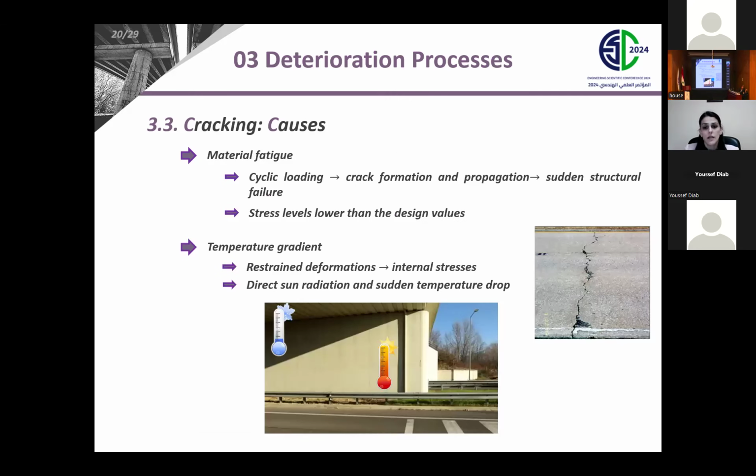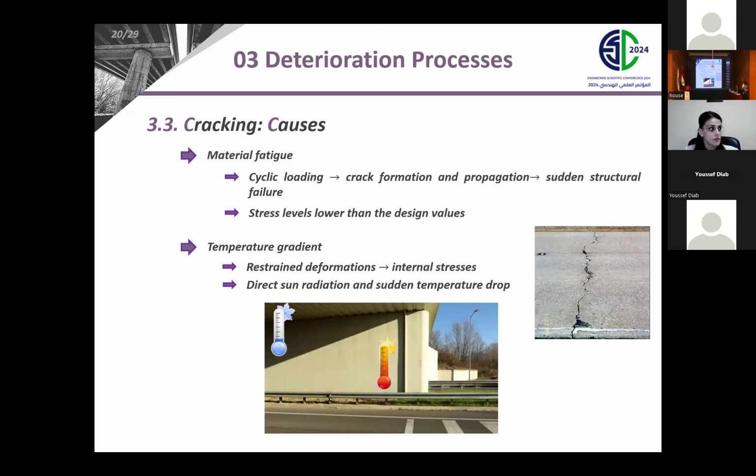Furthermore, the increased number of vehicles, and especially the portion of heavy goods vehicles, contributes to faster development of material fatigue. This leads to cracking and eventually sudden structural failure at stress levels that are way lower than the design values.